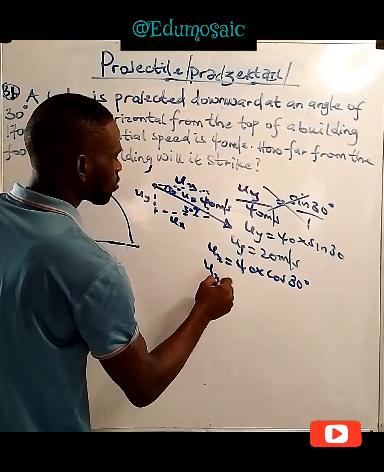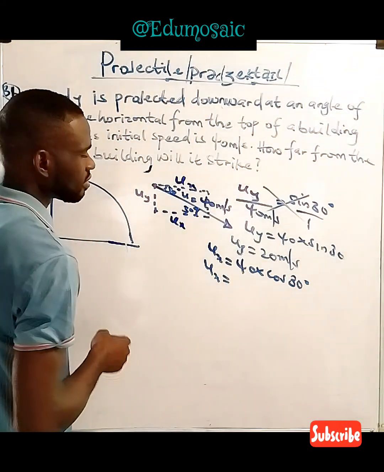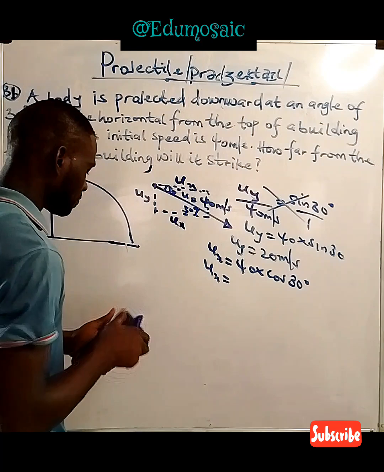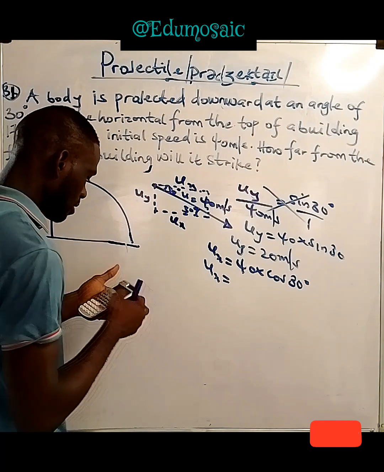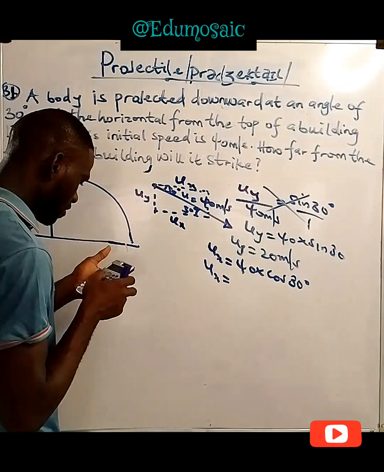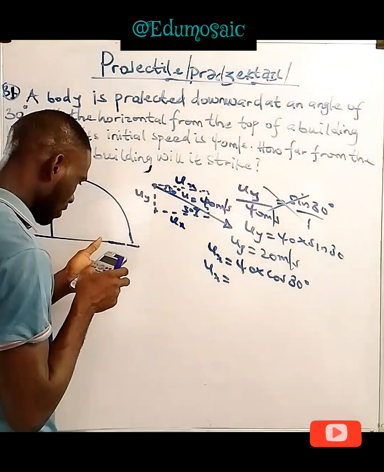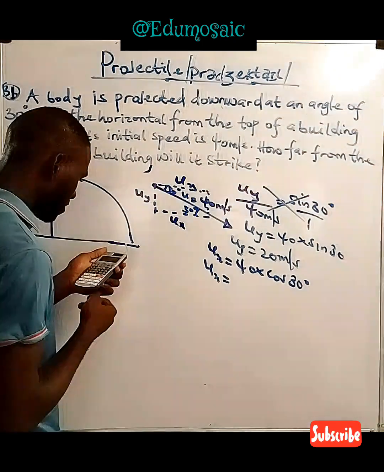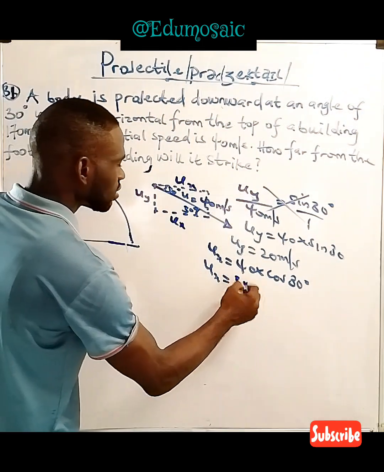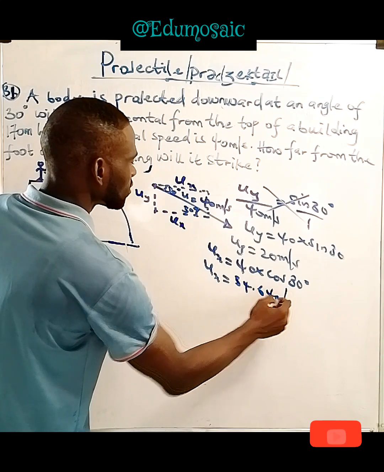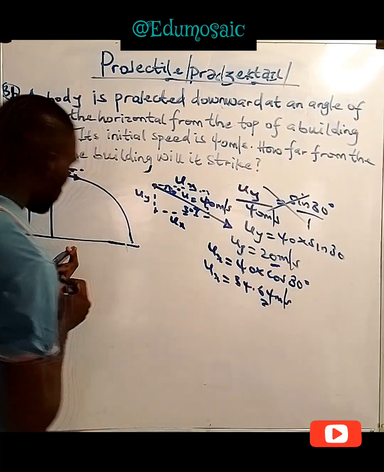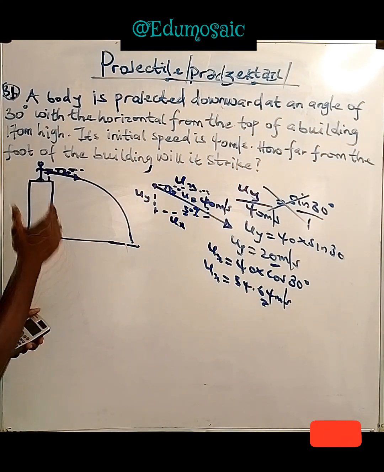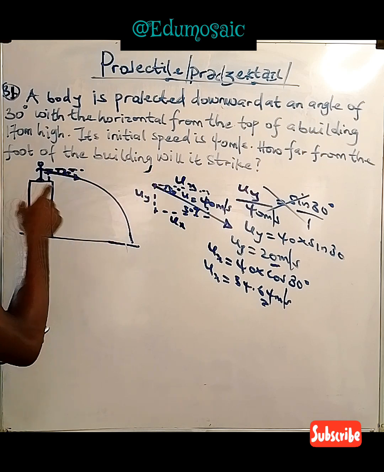Our calculator could help us: 40 times 0.8660, which gives us 34.64 meters per second. We've gotten that already.